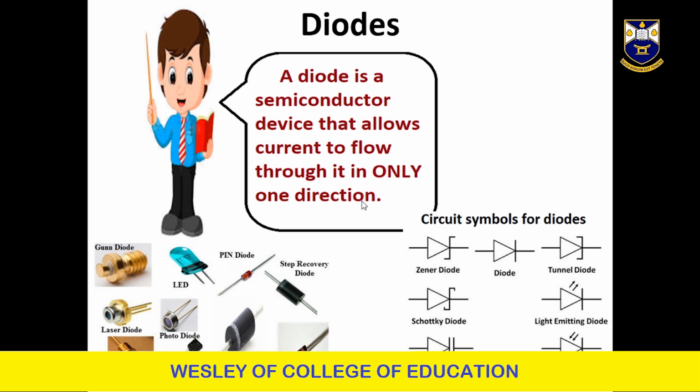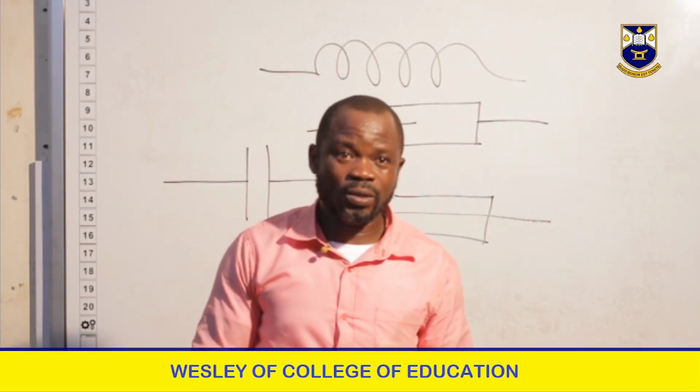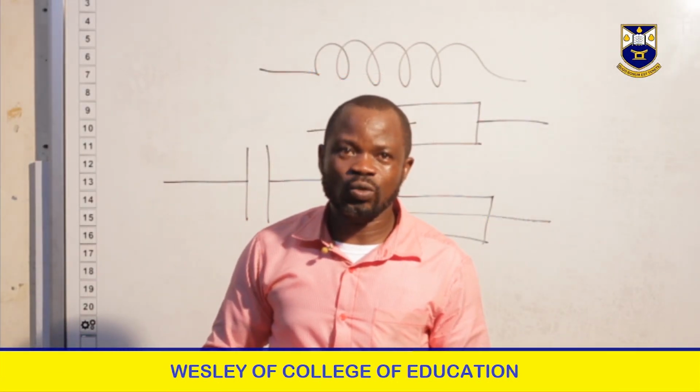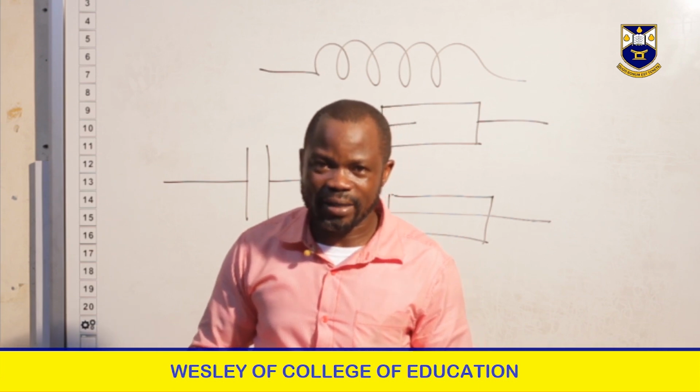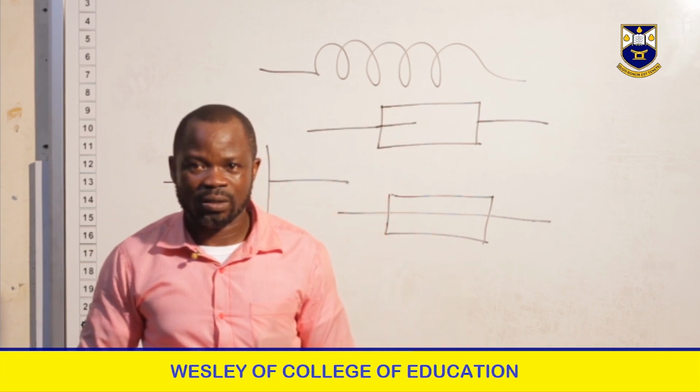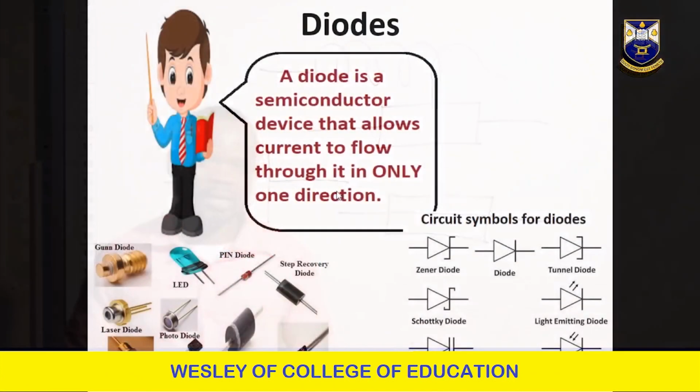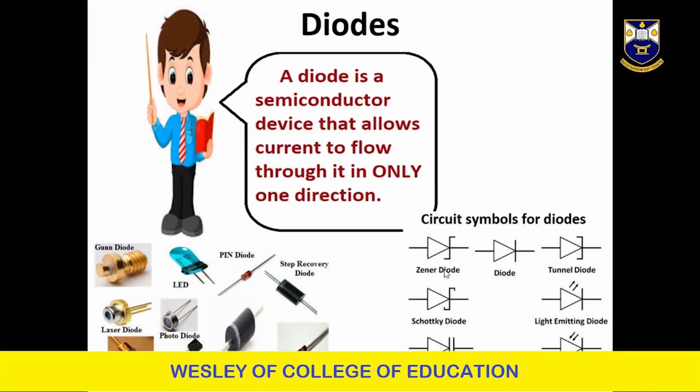So take note. A typical example is the LED, light emitting diode. We have the PIN diode, the step recovery diode, the Zener diode, and many others. All diodes allow current to flow in only one direction. These are the symbols; please look at the symbols and at the components themselves.